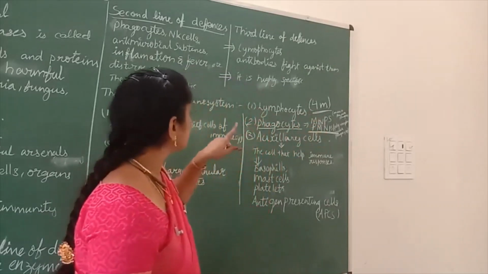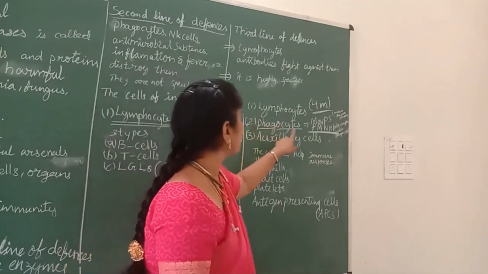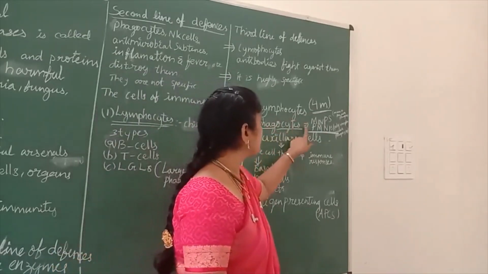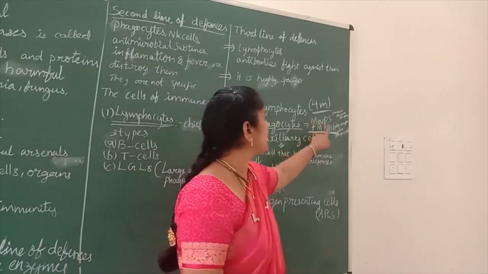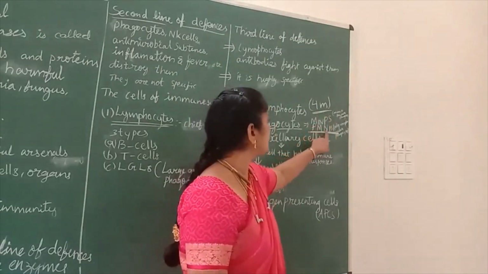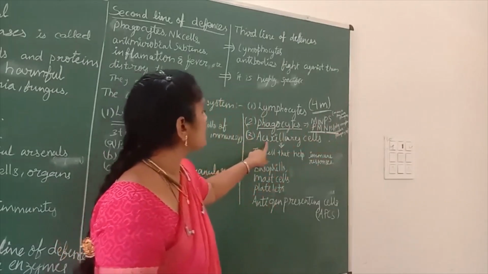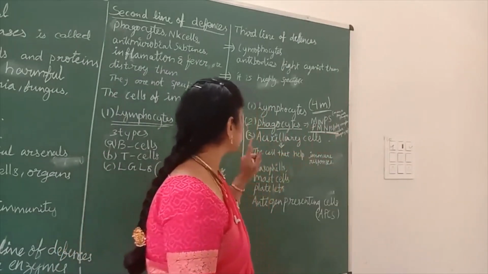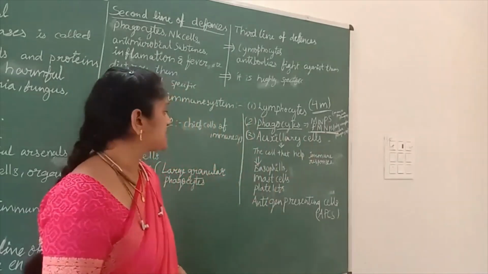So these lymphocytes are one of the immune system cells. Next one is phagocytes. The phagocytes are divided into 2 types of cells. One is mononuclear phagocytic cells, and second one is polymorphonuclear phagocytic cells. Third one is auxiliary cells. Auxiliary cells are the cells that help in immune responses.